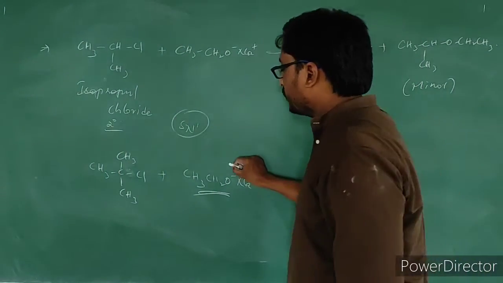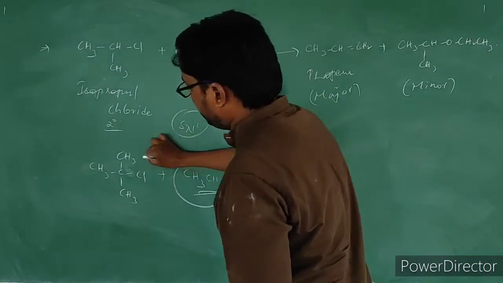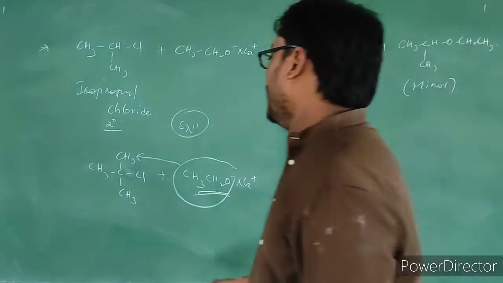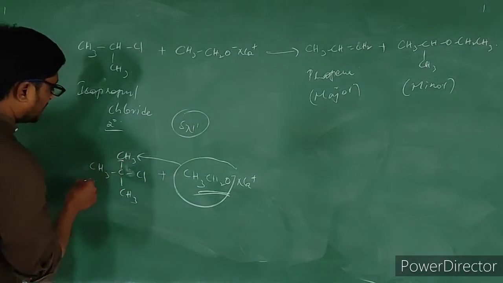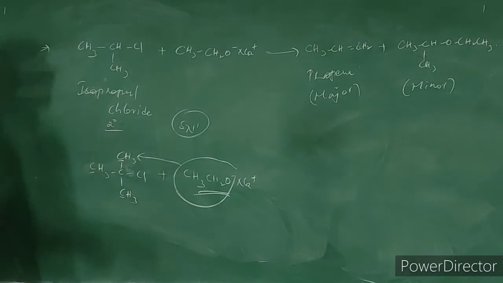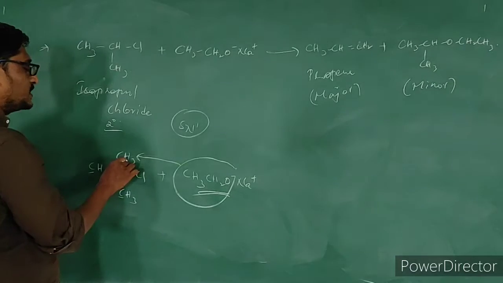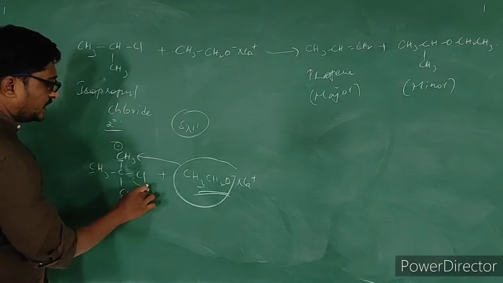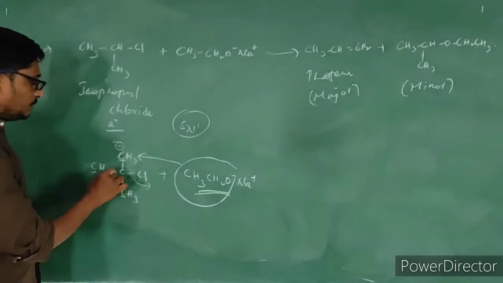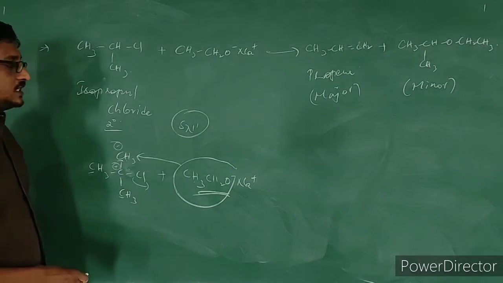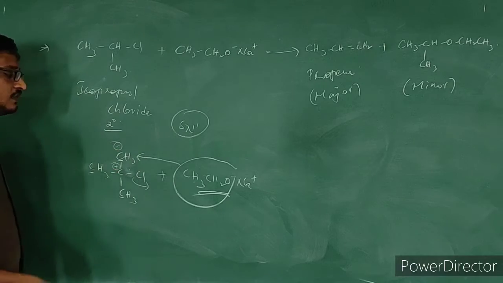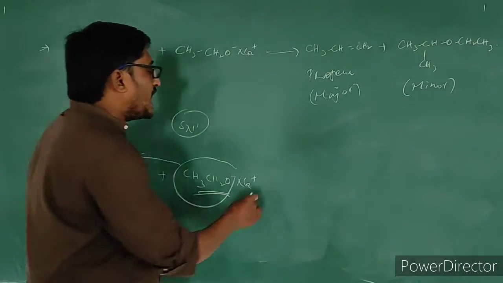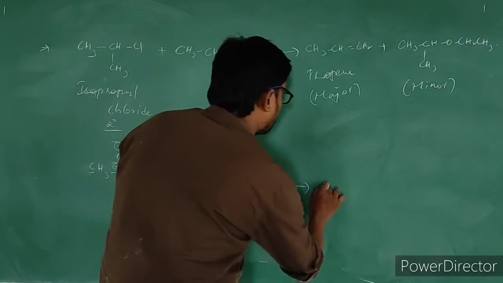That is why this alkoxide pulls the hydrogen from the alpha carbon. It can be from either this carbon or this carbon or this carbon, any carbon. So when it pulls the hydrogen from this carbon, this carbon will get a negative charge. Later this chlorine will come out as Cl minus. This carbon will get a positive charge. Negatively charged carbon and positively charged carbon result in the formation of a double bond. Nothing but alkene gets produced.